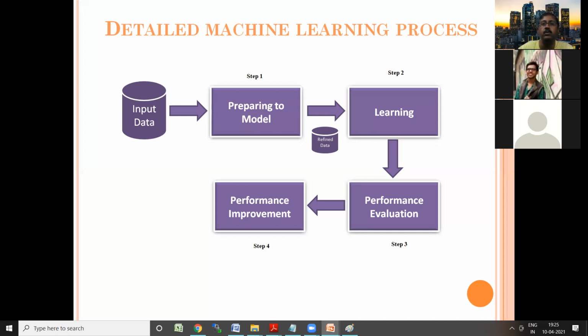Based on that, we evaluate the performance of the model. A very commonly used term is model accuracy. Model accuracy means how accurate the model is in making predictions close to reality. For example, say we have 100 records and we make 100 predictions.